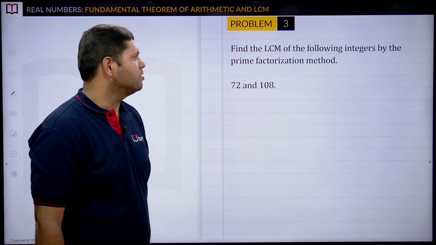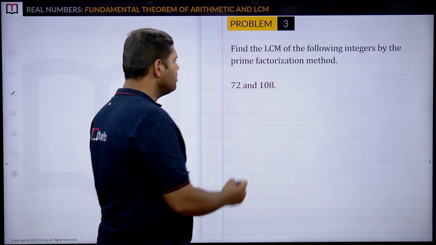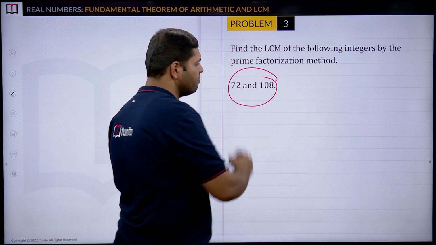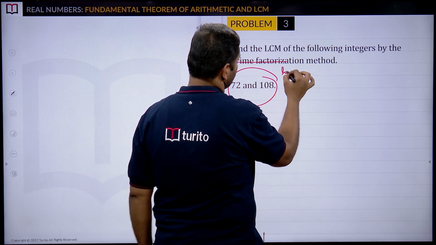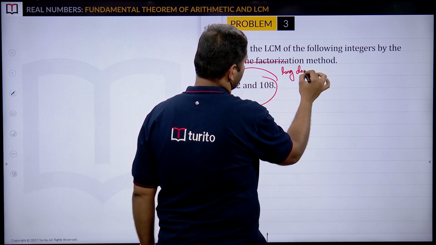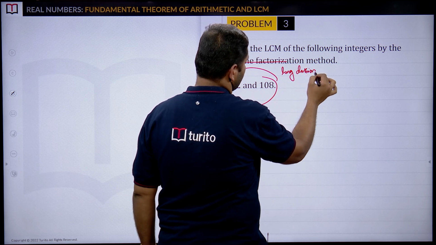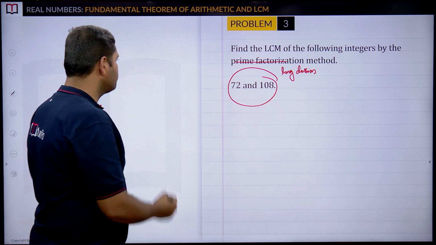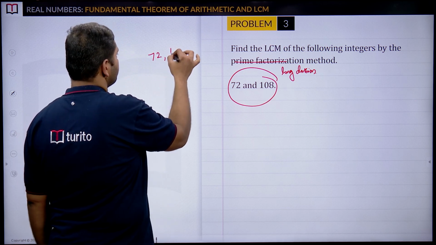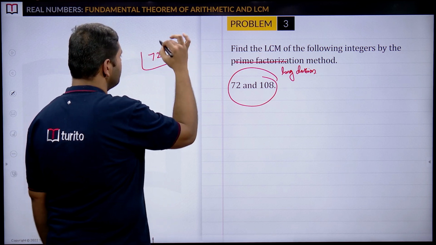Then children, look at this question. We'll do this by the long division method, okay, not the prime factorization method. We'll go for a long division. Tell me children how we can do it by the long division method. I told you already. Write down the 72 and write down the 108 and put one bar.